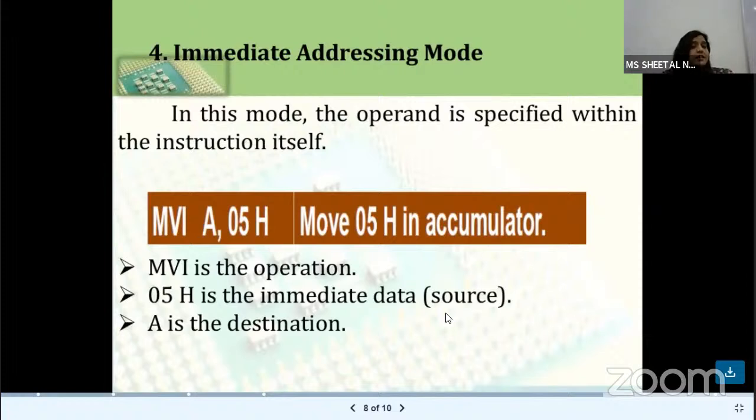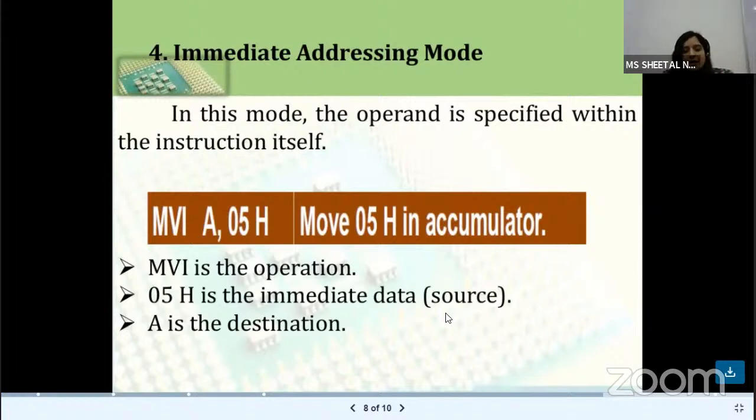In this case, MVI A has a hexadecimal code for this instruction, which will be the first byte. The opcode for MVI will be the first byte, and the second byte in this case will be 05H.